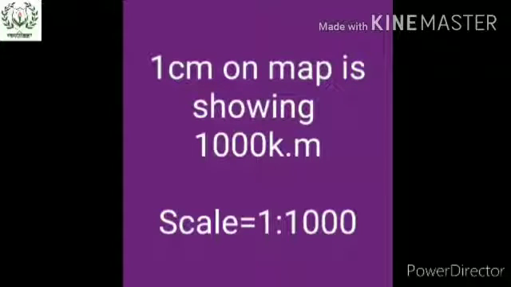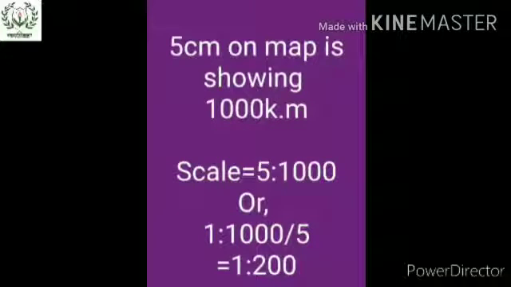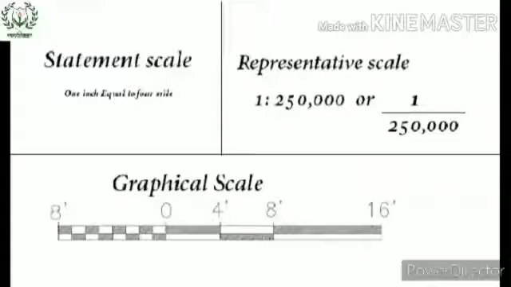Then your scale will be 1:1000. And if you show the distance of 1000 kilometers in 5 centimeters, then your scale will be 5:1000. Scale can be represented in 3 ways. First one is a fraction, written statement, or graphical scale.